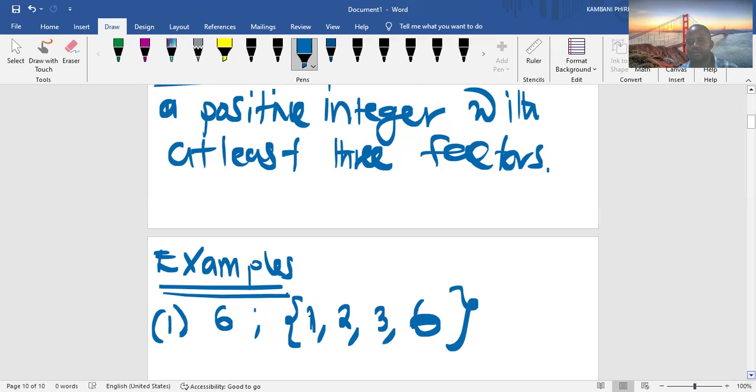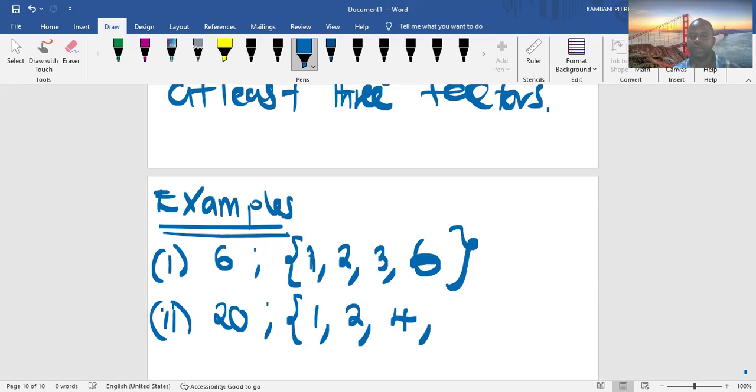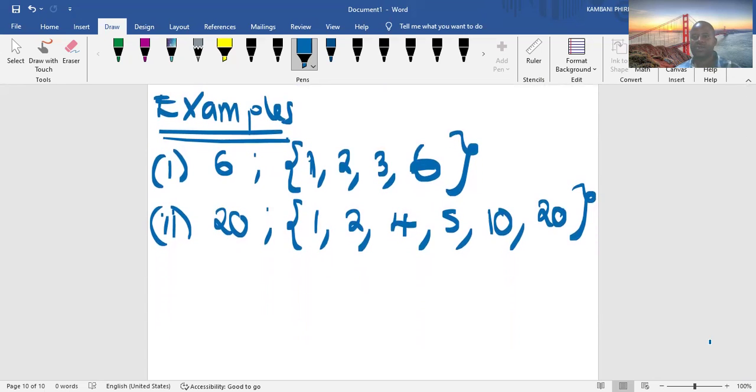All right. Another one, number 2, we can have maybe 20. It has the following factors: 2, 4, 5, 10, 20. Okay, so that's what we mean.